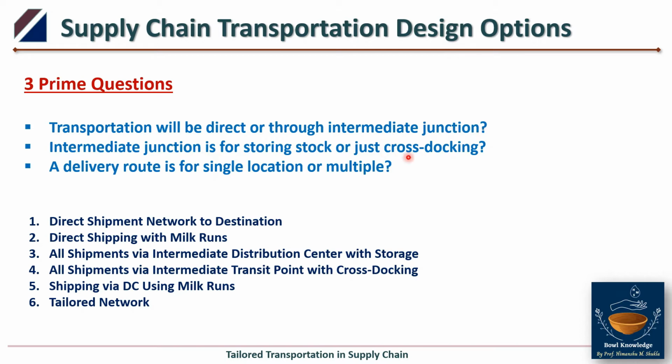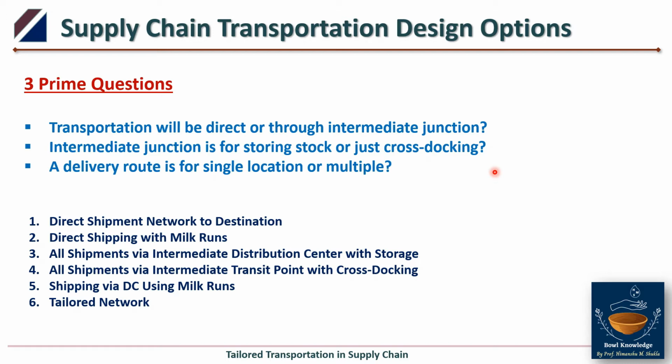Now if there is a junction, the second question is whether the junction is for storing the stock, or it is just cross docking. Now what is this? Sometimes there are distribution centers, so there are junctions that we'll see in detail in some upcoming slides. So are you storing the product at that particular junction, or are you just cross docking?